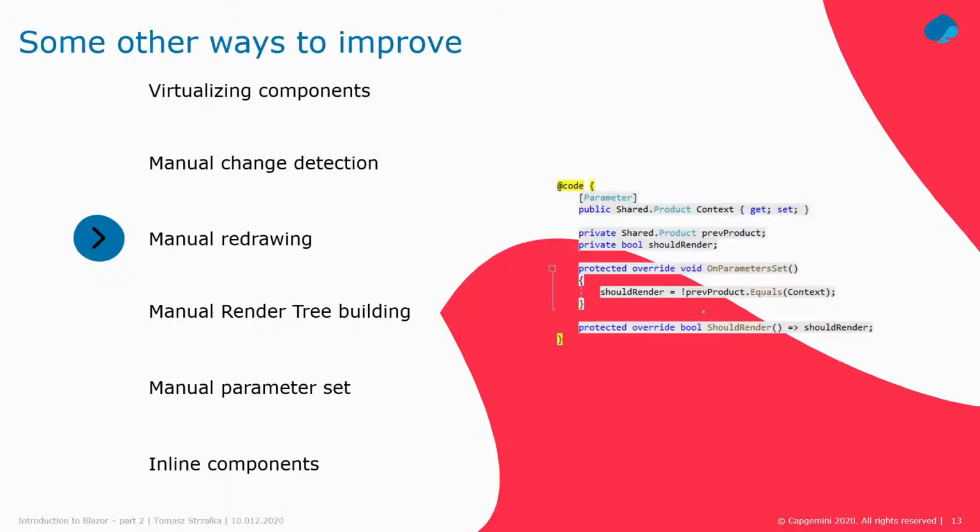So every Razor component possesses the ShouldRender lifecycle method, and that method is going to be fired each time Blazor tries to decide whether it should re-render the component or not. By default this method will return true every time Blazor executes it, but we can simply override that behavior.